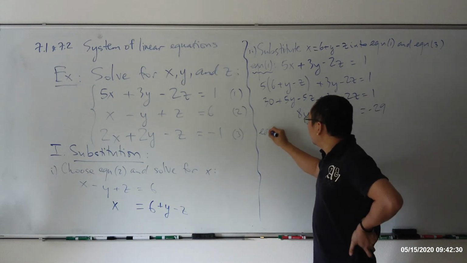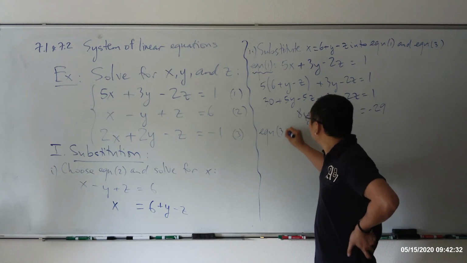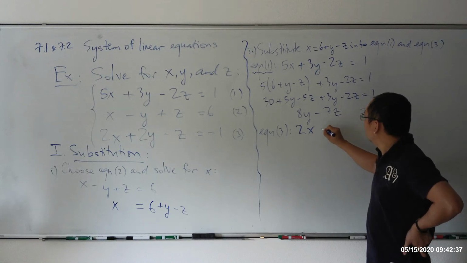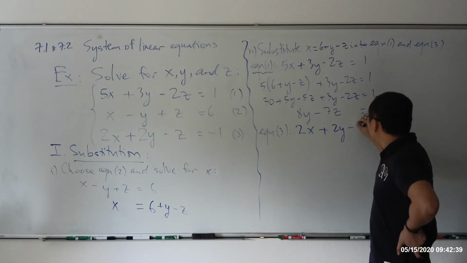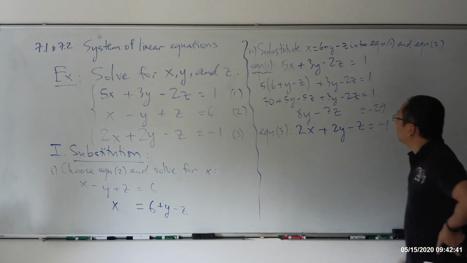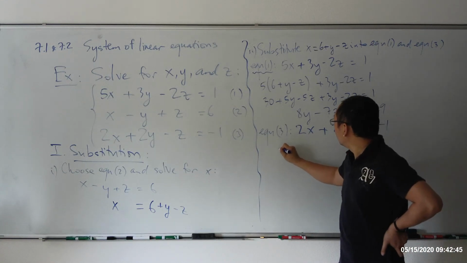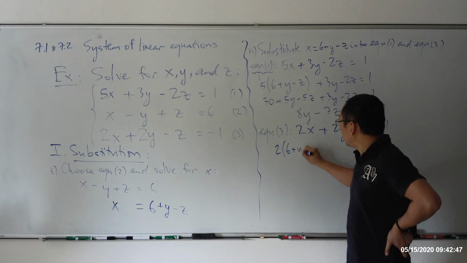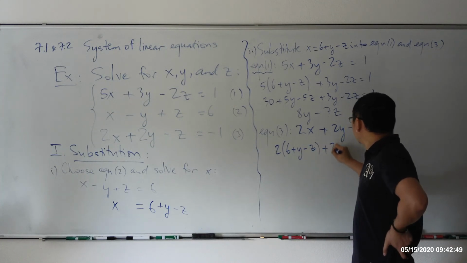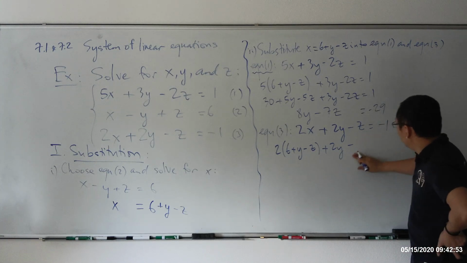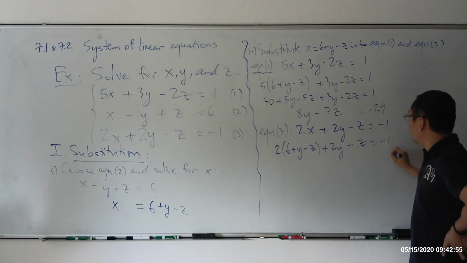Alright, equation 3, we have 2x plus 2y minus z equal to negative 1. Replace x by 6 plus y minus z again. So 2 times (6 plus y minus z) plus 2y minus z equal to negative 1.